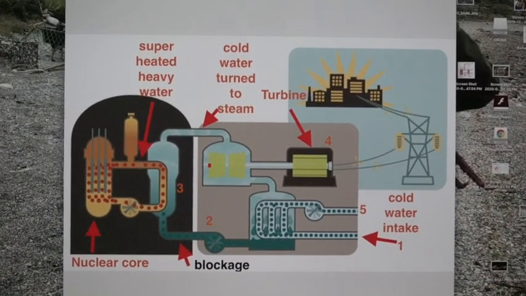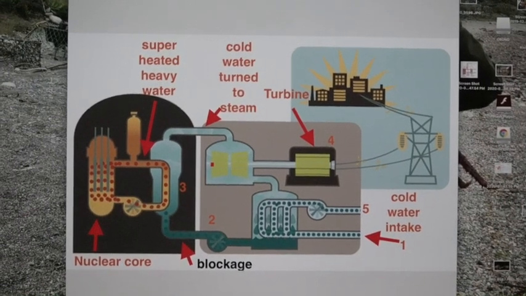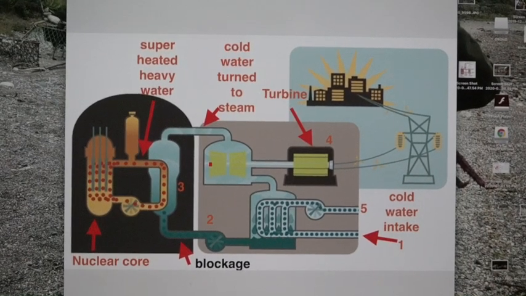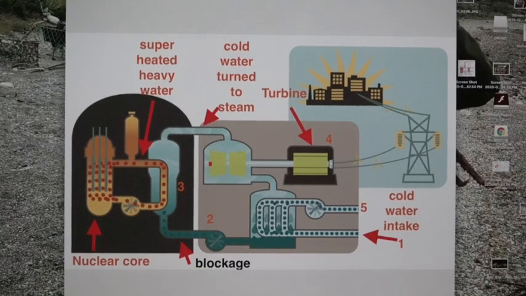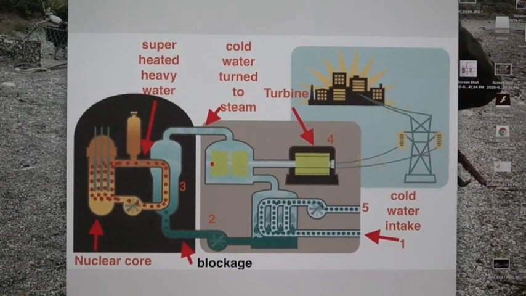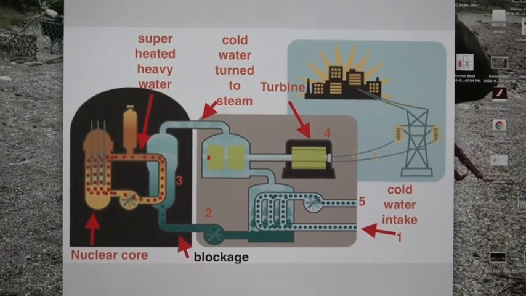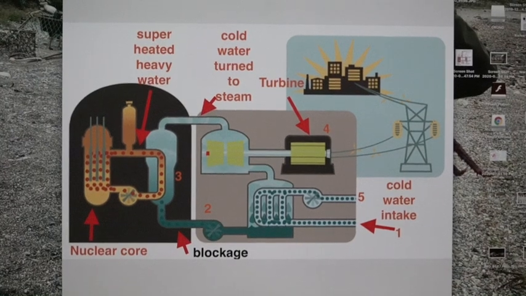Number five is where the super hot water goes to the cooling tower. Now, on the other side is the nuclear core. Everything in yellow is super hot, heavy water, heated by the core. Notice that the heavy water never comes in contact directly with the cold water from the lake or the river.